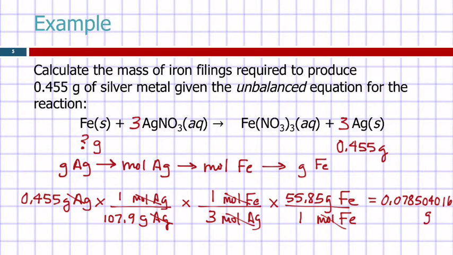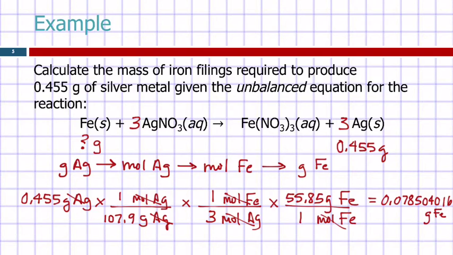Grams of silver. How many significant figures should that answer have? Sorry, grams of iron, yes. Grams of iron. Our starting mass had 3 significant figures. The molar masses we used had 4, and this mole ratio is exact.